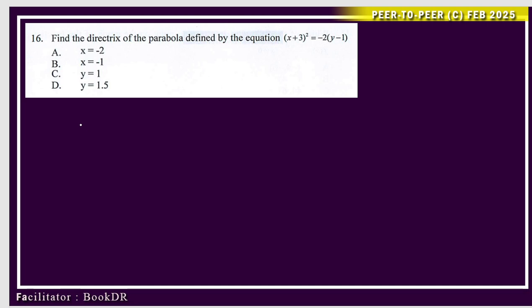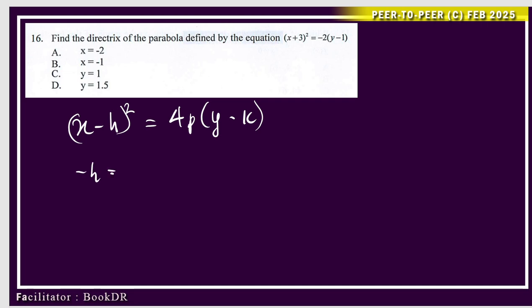The standard form is (x plus h) all squared is equal to 4p into (y minus k). So comparing this to the expression, we can find the values of h, p, and k.